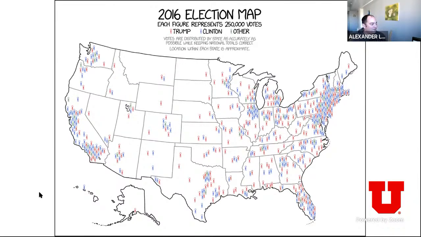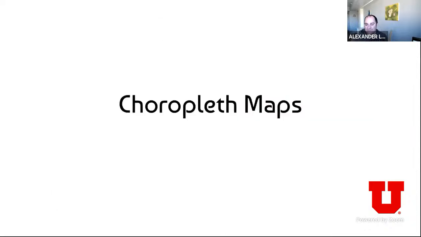And so now we get a better sense of the distribution of people across states and how they voted. For the 2016 election, we see one blue, one green, which is other candidates, and 2 Trump voters in Utah, for example. That's probably a more accurate representation of how people voted within each state.